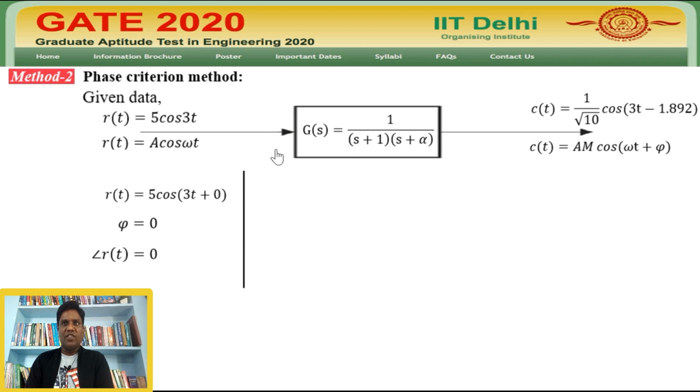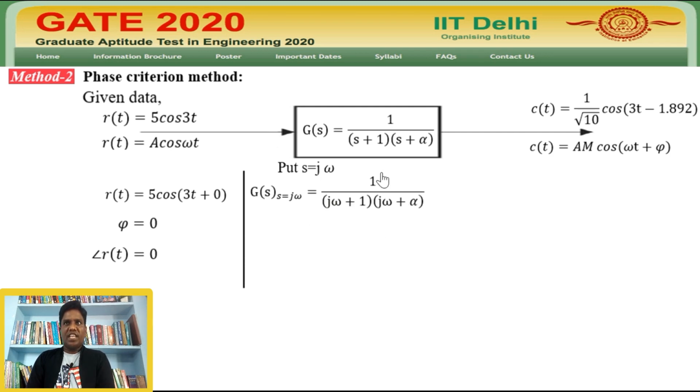Second, we will write the phase expression for the given transfer function of the system, and first put s equal to j omega in the given transfer function. Then the equation will be G of s, here s equal to j omega, equal to 1 divided by j omega plus 1 into j omega plus alpha. Here we can write the phasor expression for the first term denominator part.